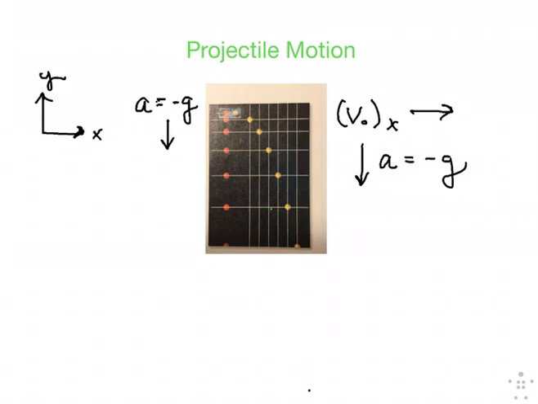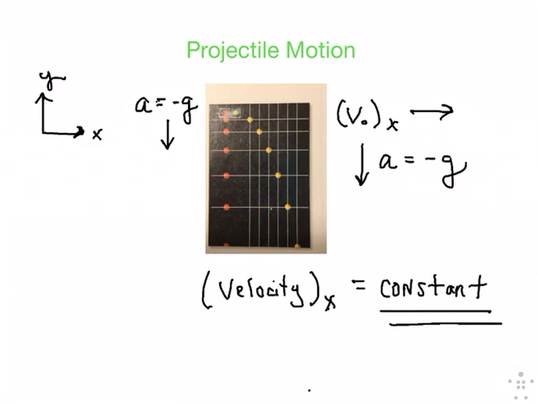Now, the other thing that you can see is in the yellow ball, the vertical lines that are showing: at each vertical line, the horizontal displacement is exactly the same. So what that tells us is that the velocity in the x direction is constant.